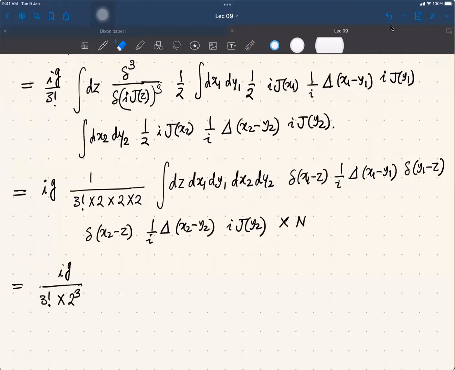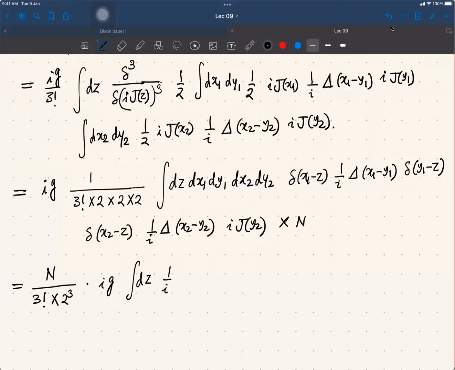So let me write that here. So Ig n, so let me separate these factors out. One is factor n divided by factorial 3 times 2 cube, then I times g, and then dz, x1 becomes z, and y1 also becomes z.